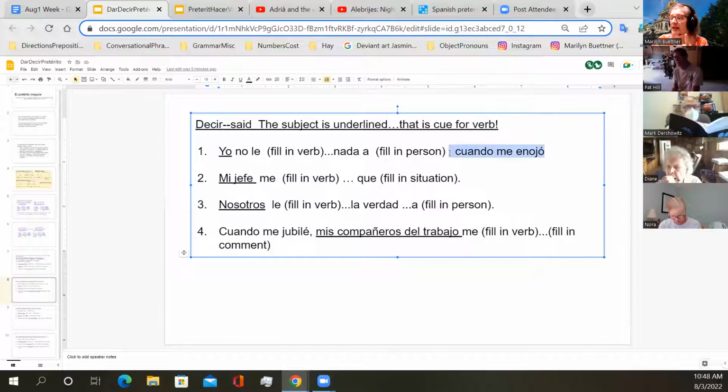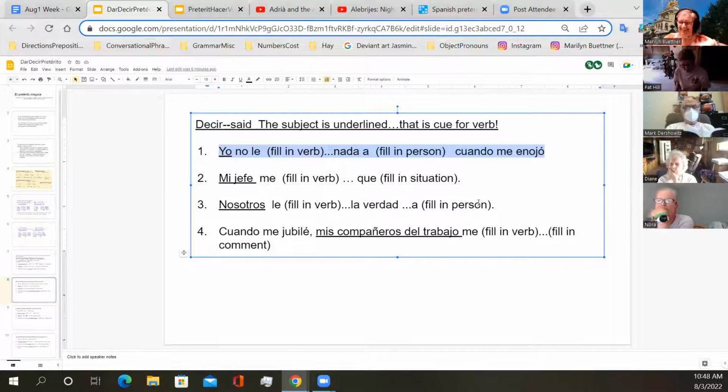Take a look at when Juanita had this thing of, yo no le dije nada a mi hijo cuando me enojó. The fact that he actually got me mad, that actually happened. Okay. So that stays in real tense, the real world tense of present or past.